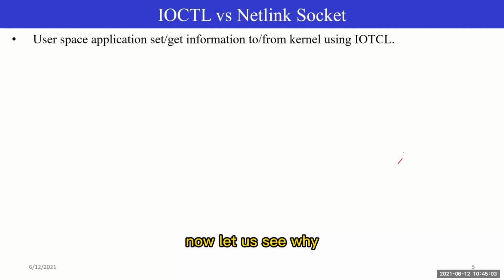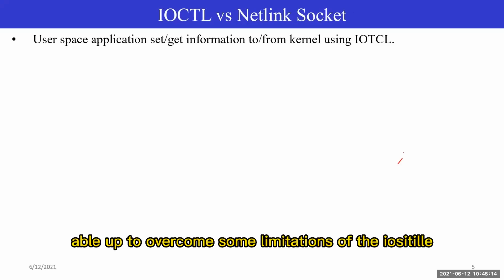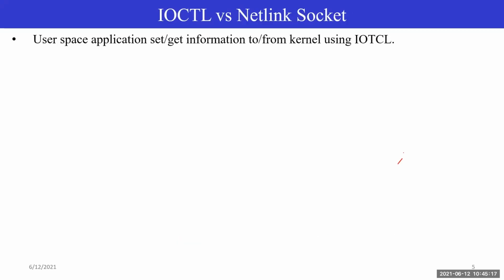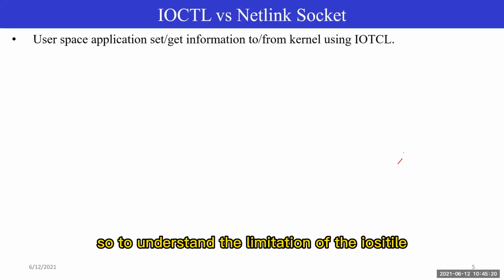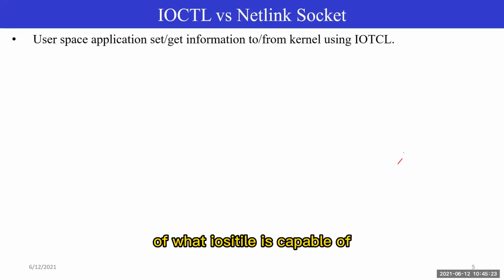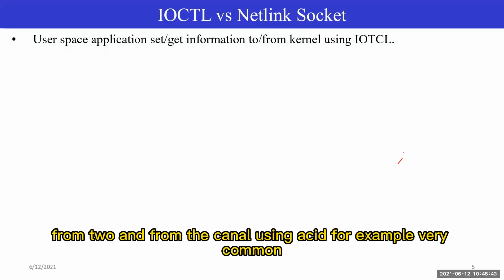Now let us see why the Netlink socket comes into this picture. It was basically developed to overcome some limitations of IOCTL. To understand the limitations of IOCTL, let us have a brief idea of what IOCTL is capable of and how it works. A user space application can set or get information to and from the kernel using IOCTL.